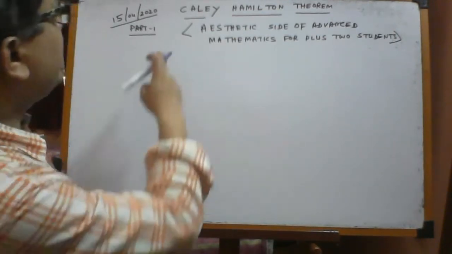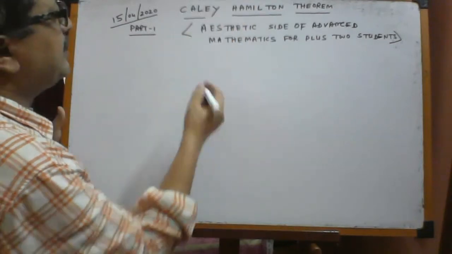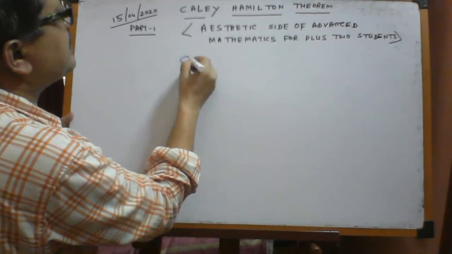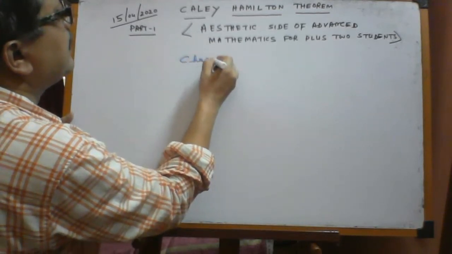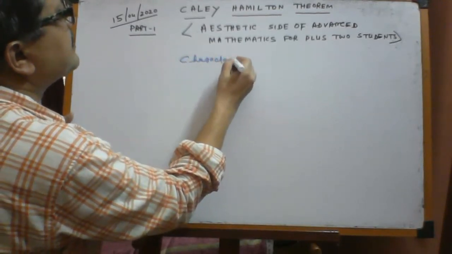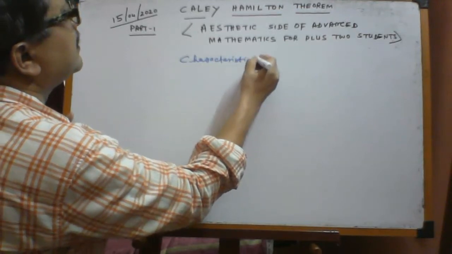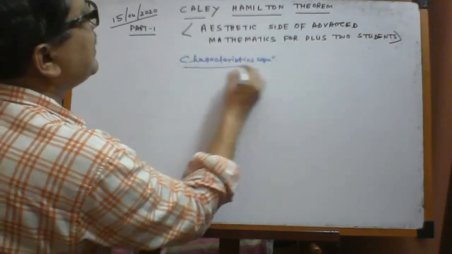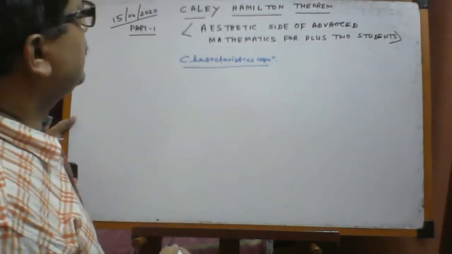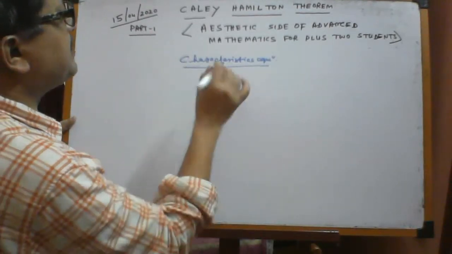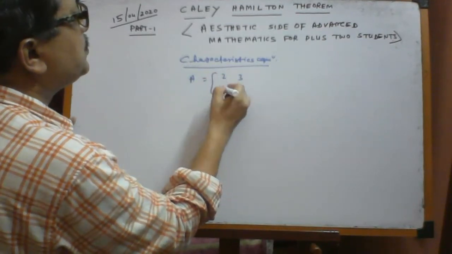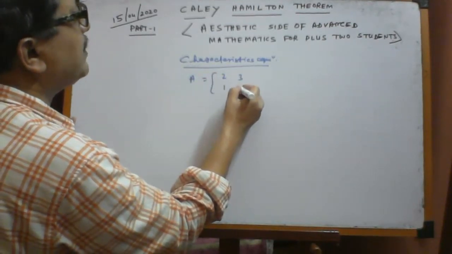This Cayley-Hamilton theorem states that every square matrix satisfies its characteristic equation. What is a characteristic equation? Suppose I have a square matrix like A equal to [2, 3; 1, minus 1].